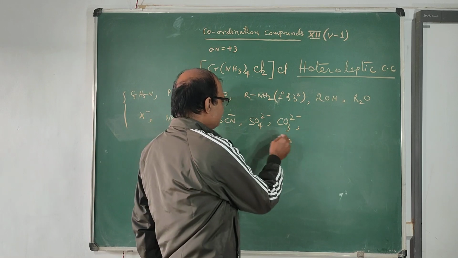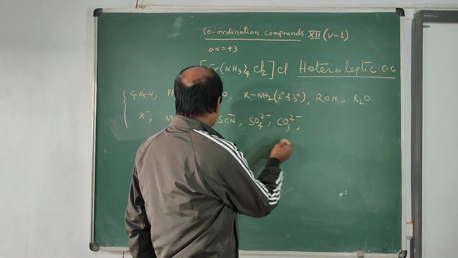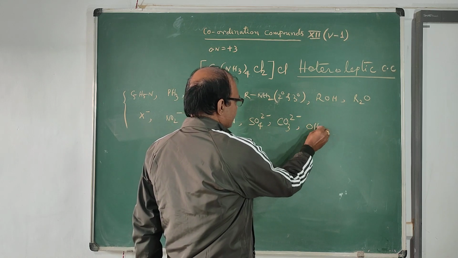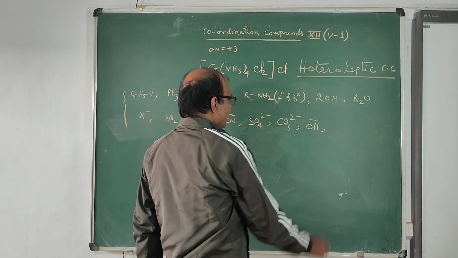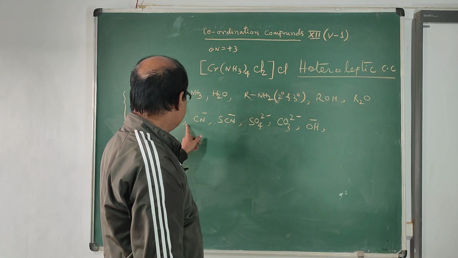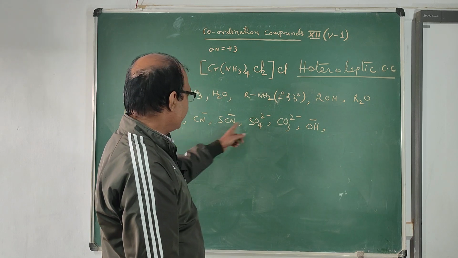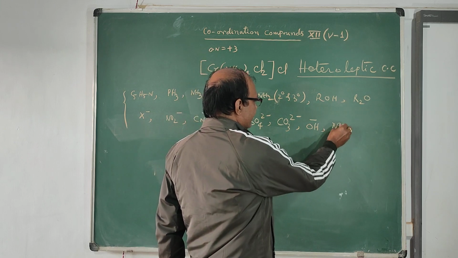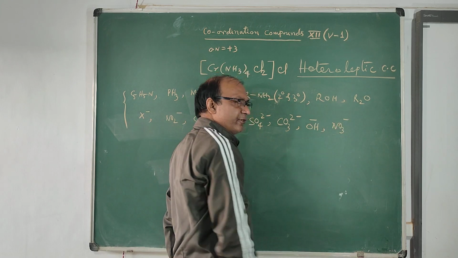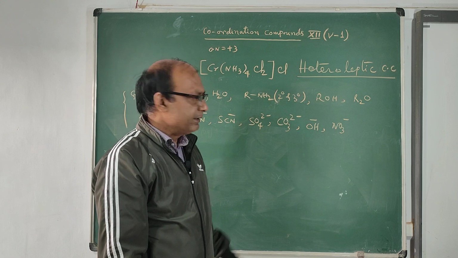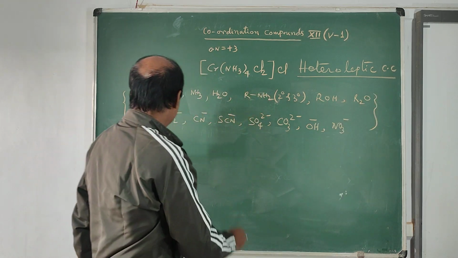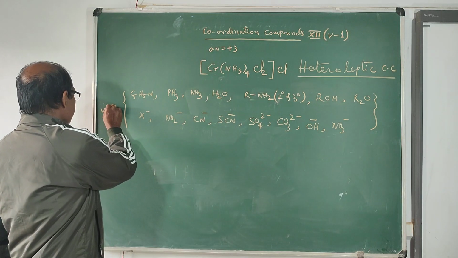Some other examples are OH minus, halide ions, sulfate ions, and nitrate ions, NO3 minus. These are the examples of unidentate ligands.